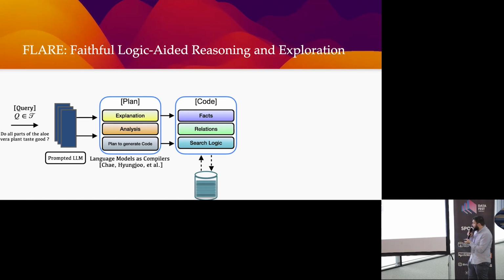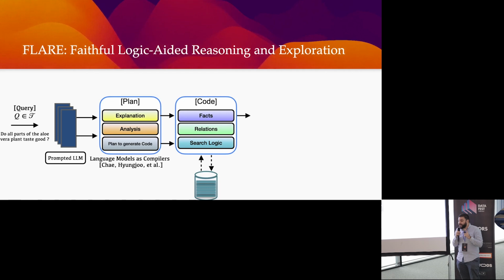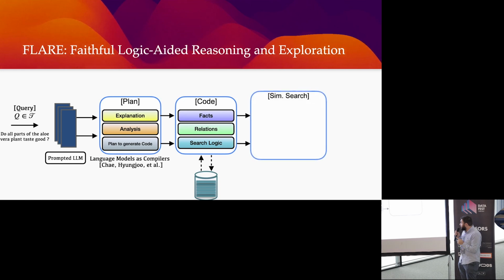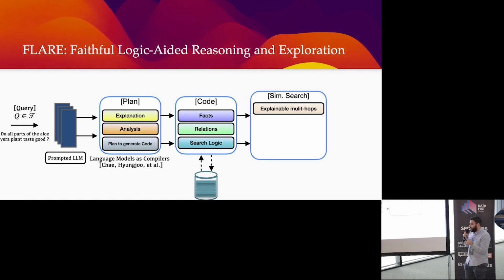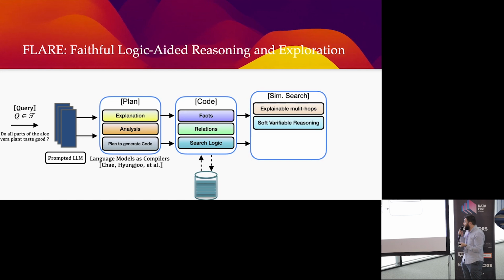So we do have a notion of state. However, we don't really want to produce something that's necessarily runnable. I told you that we don't want to run this code all the time. We should be able to do soft reasoning. That's why we asked the LLM to simulate what the traversal of the program would have been.